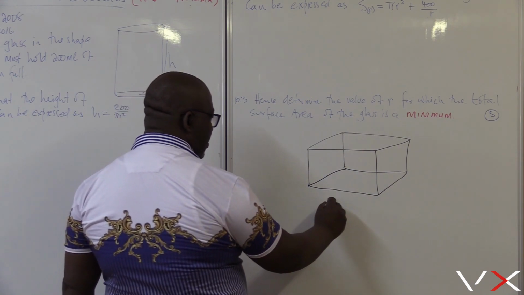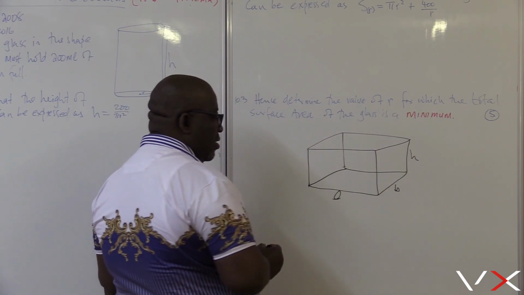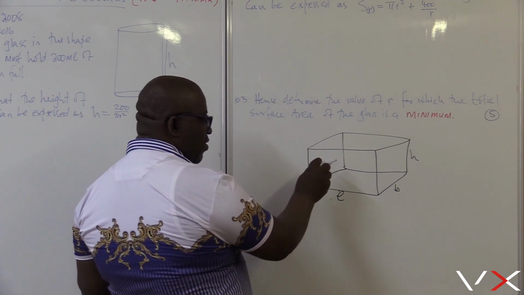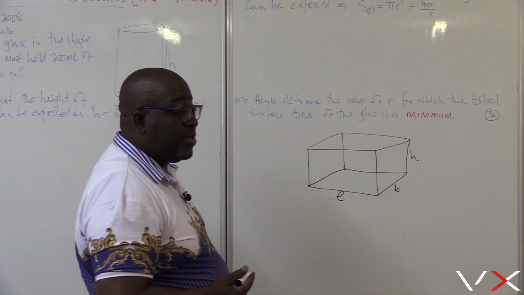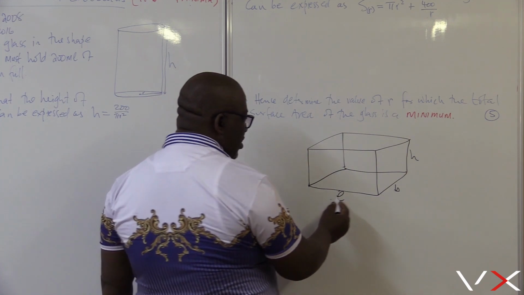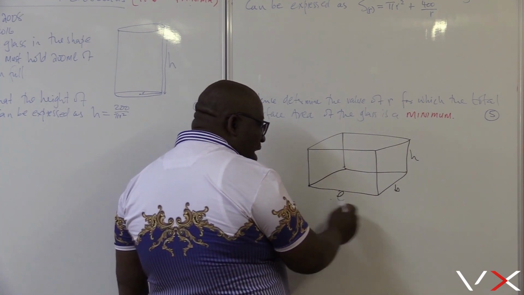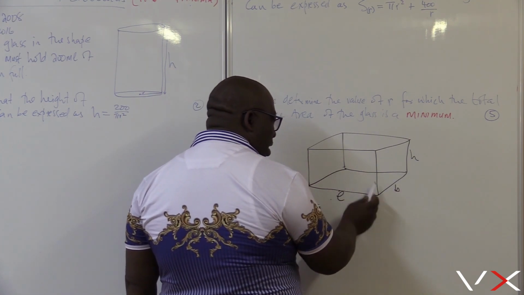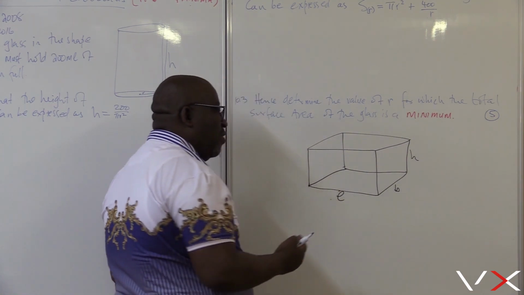If this is my length, this will be my breadth, this will be my height. This is the front view, this is the side view, and this is the top view. 3D problems. This is length times breadth times height. So if I'm looking for the volume, it will be the area of the base. Area, this is length times breadth. That will be my area times height. Or length times breadth times height. That's what a volume is.